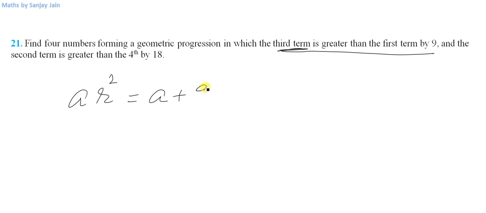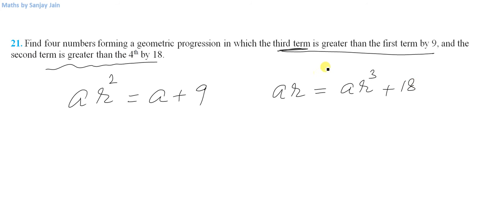And the second piece of information is that the second term is greater than the fourth by 18. So let me write the second term as AR and it is greater than the fourth, so AR cubed plus 18. Now that I have written these two pieces of information, let me see what else we can do here.